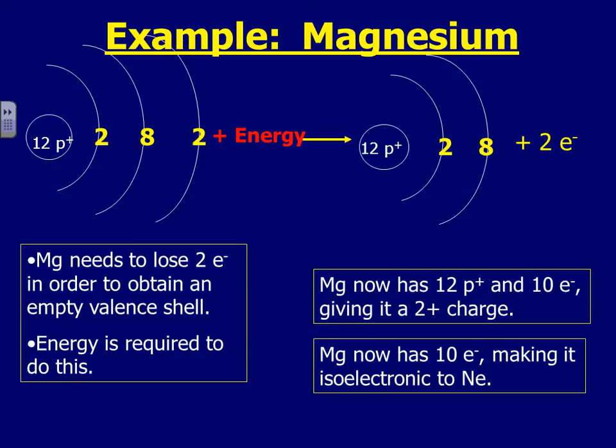Energy is required. Magnesium now has 12 protons pulling on 10 electrons, giving it a +2 charge. All right? Notice it is isoelectronic to neon, which is also 2, 8. But it is not neon, because neon only has 10 protons in the nucleus, and the magnesium +2 ion has 12 protons in the nucleus. So it is different.